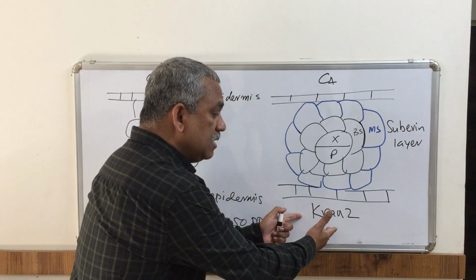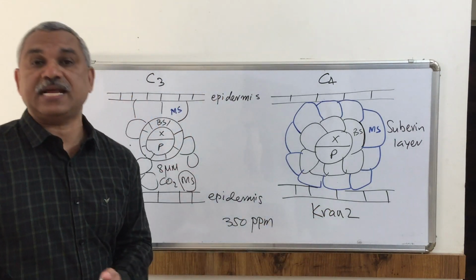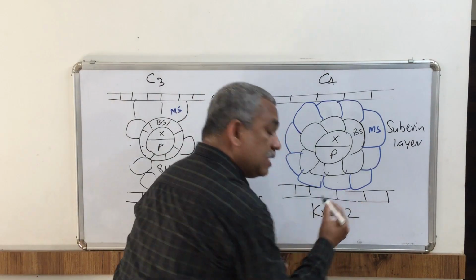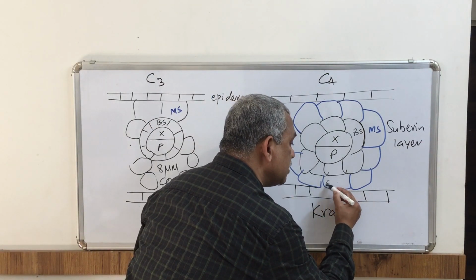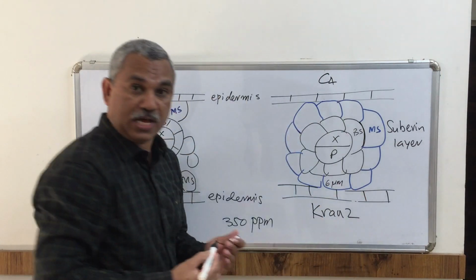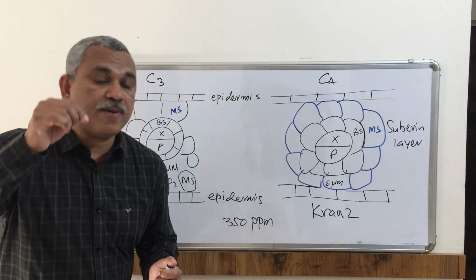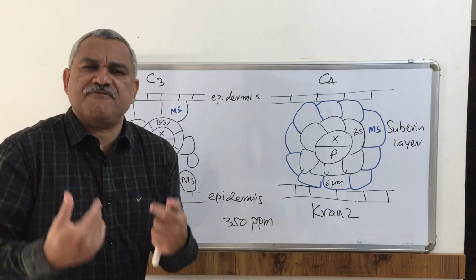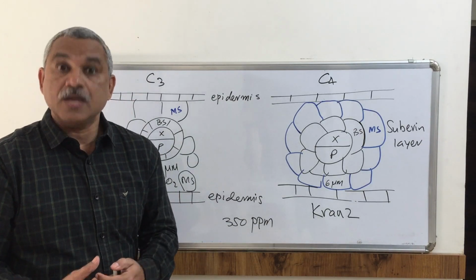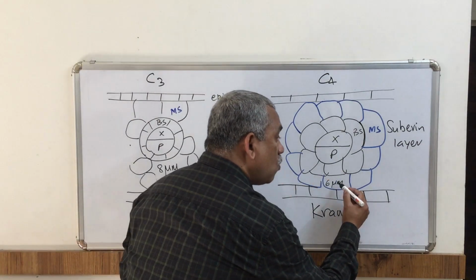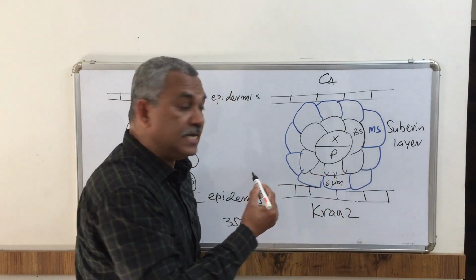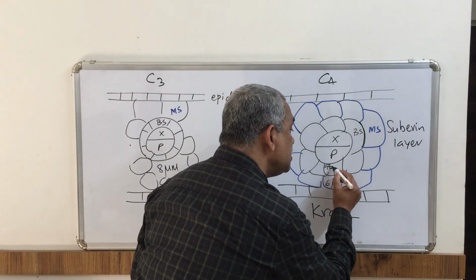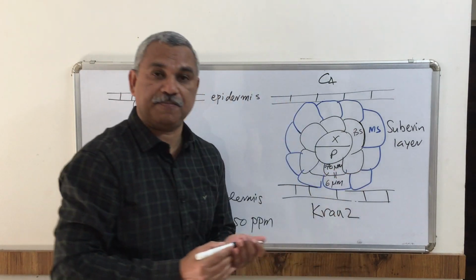Whereas in the case of Kranz anatomy, with less carbon dioxide, it will be about 6 micromolar. And with that 6 micromolar concentration, carbon fixation becomes a very inefficient process. What it does is concentrate carbon dioxide into the bundle sheath cells, that is, to about 70 micromolar concentration.